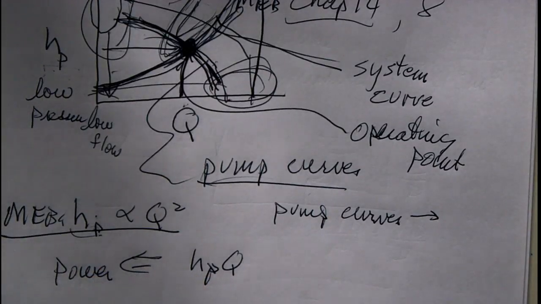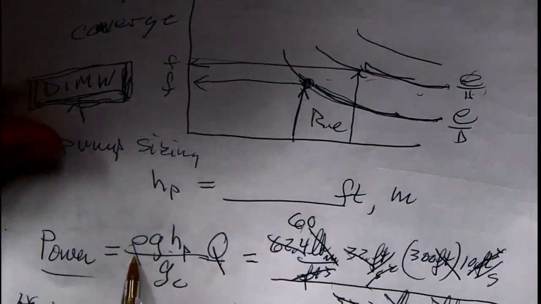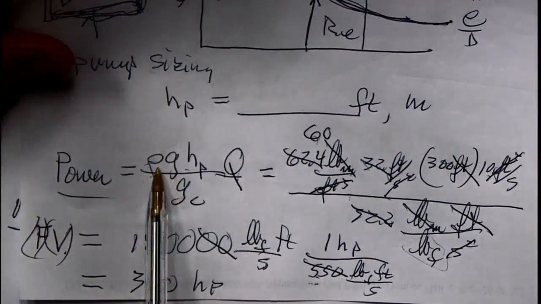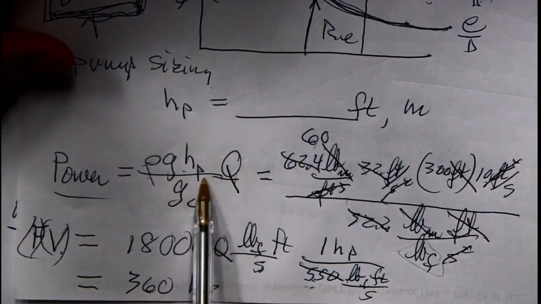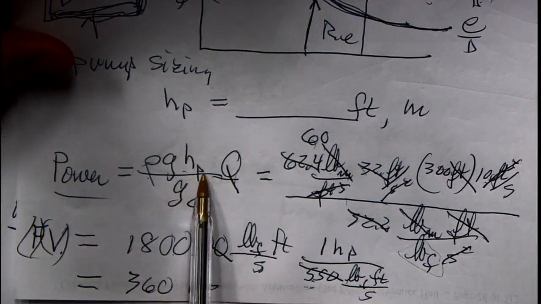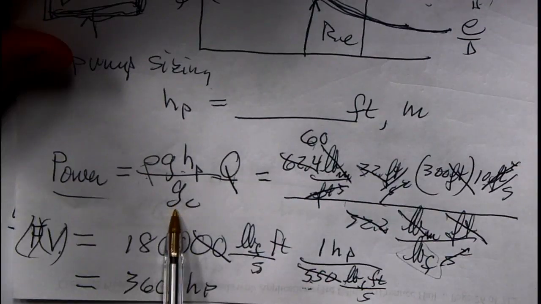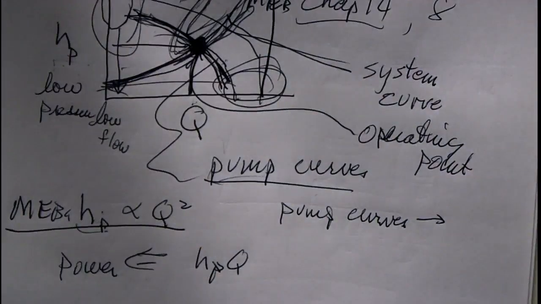The way I would do that is with the density of blood, gravity, the head that we measured, the pressure, and the volumetric flow rate. You get an estimate of power.